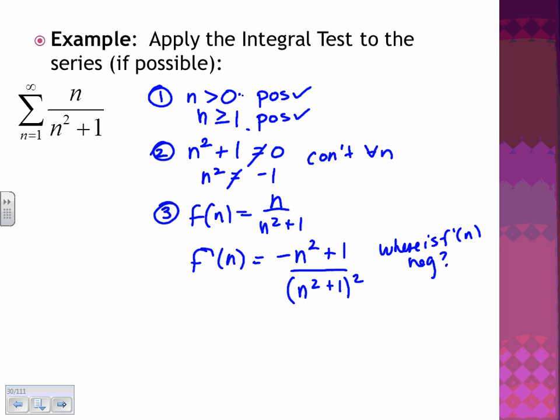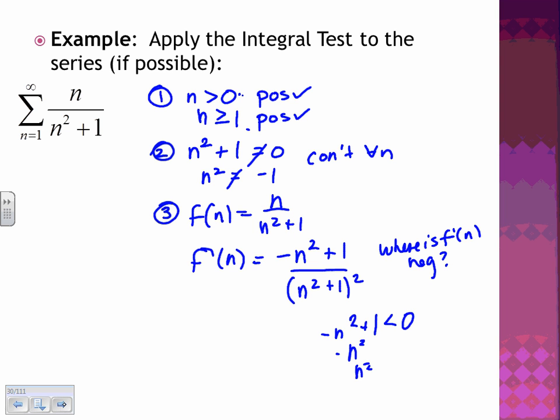Tyler, where is this negative? Okay. So you set it equal to 0, and then what did you do? So negative n squared is negative 1, n squared is 1. So I would think, instead of setting it equal to 0, I would look and see where this is less than 0.